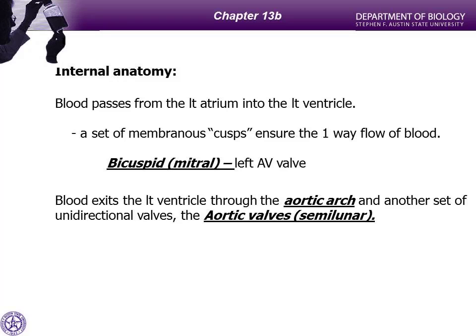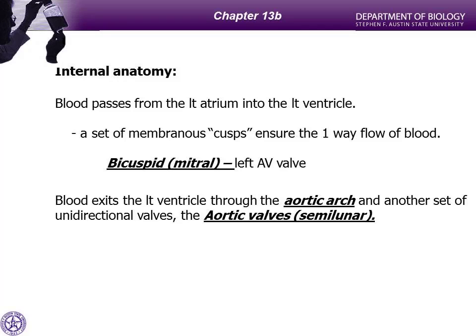But then, after blood moves into each of these vessels, when the ventricle relaxes, it's going to create a vacuum. And the blood that was just pumped into these vessels is going to want to come backwards as well. So we have a second set of unidirectional valves in the beginning of each one of these vessels, and they're called the semilunar valves. You have the pulmonary semilunar valves, and you see here the aortic semilunar valves.